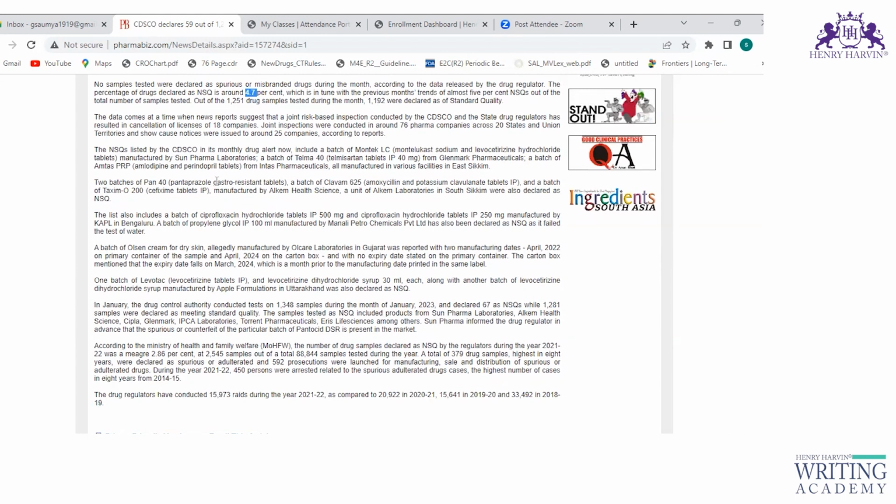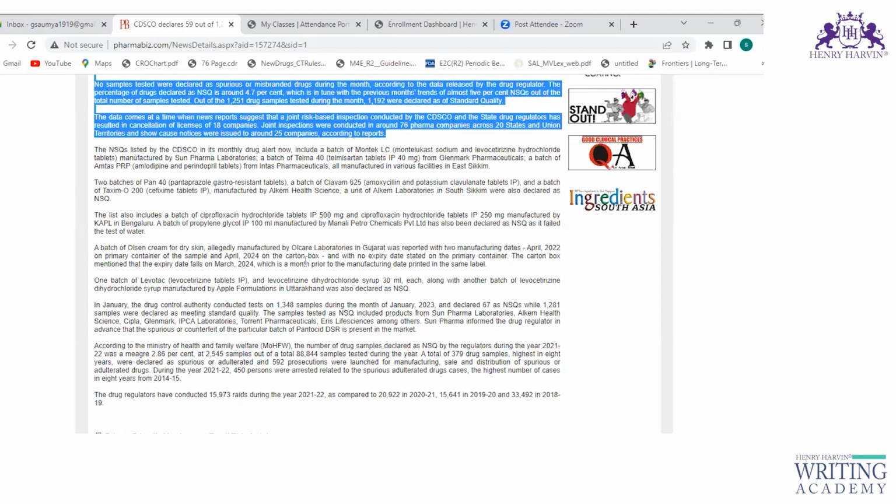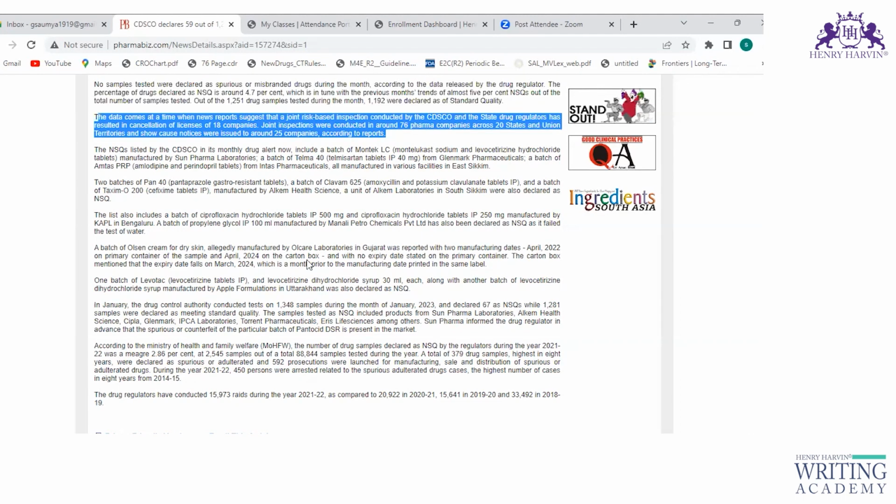The data comes at a time when news reports suggest that a joint risk-based inspection conducted by the CDSCO and the state drug regulators resulted in cancellation of licenses of 18 companies. Joint inspections were conducted in around 76 pharma companies across around 20 states and union territories, and show cause notices were issued to around 25 companies according to the reports.